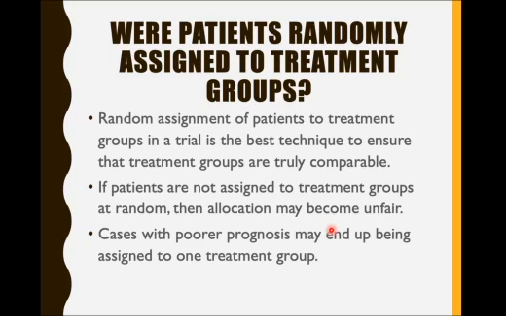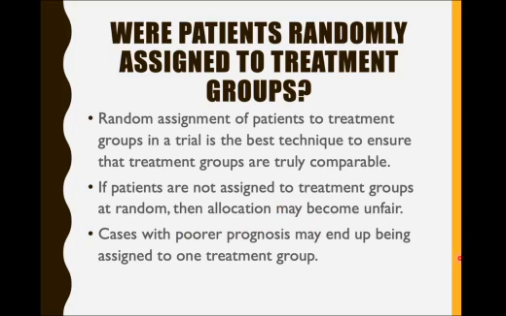Because, as we said a while ago, the characteristics of these 2 groups of people will have to be more or less the same, so that should there be a difference in the outcome, we attribute the difference to the drug. Because if patients are not assigned to treatment groups at random, then allocation may become unfair.